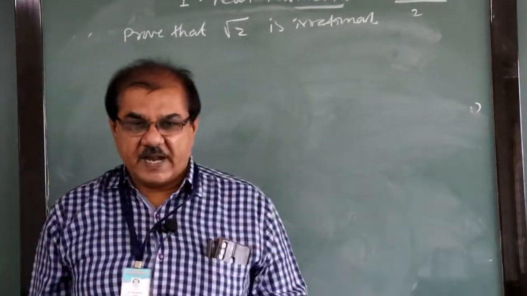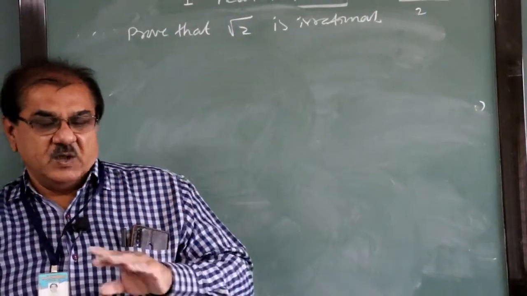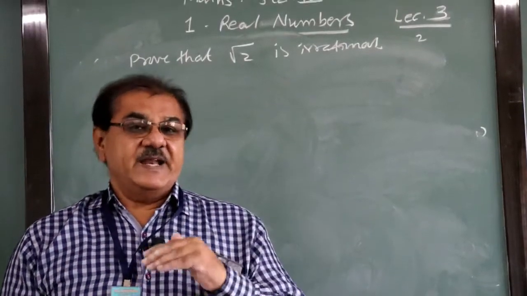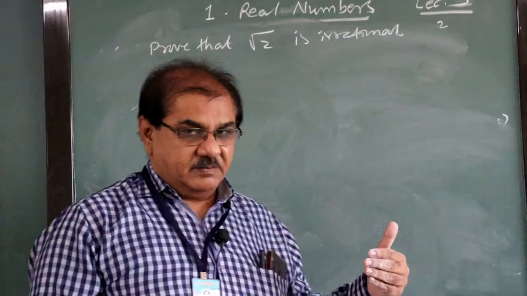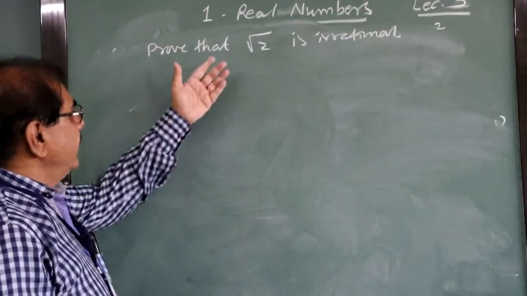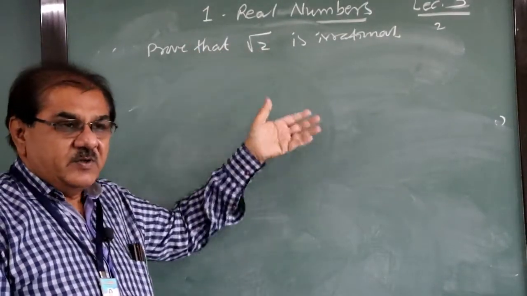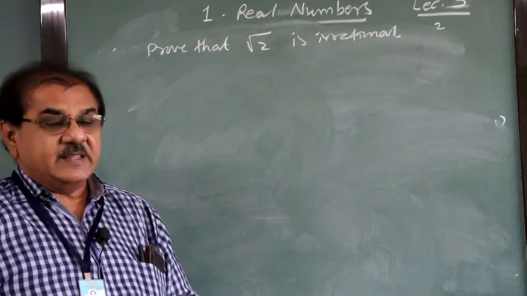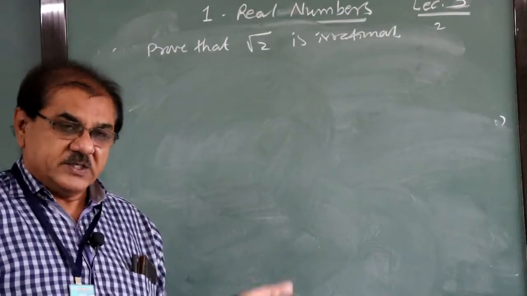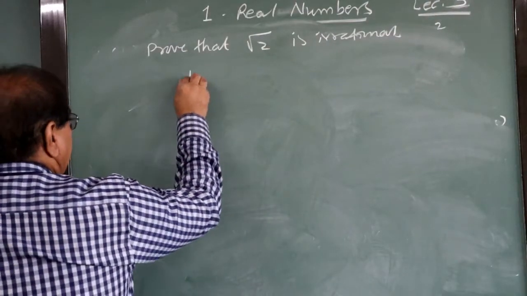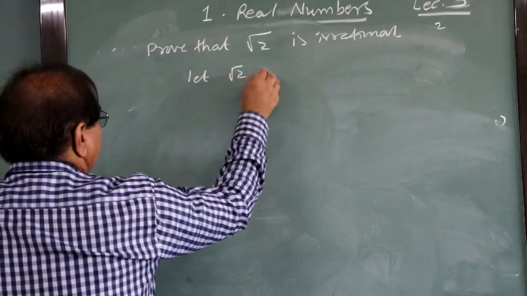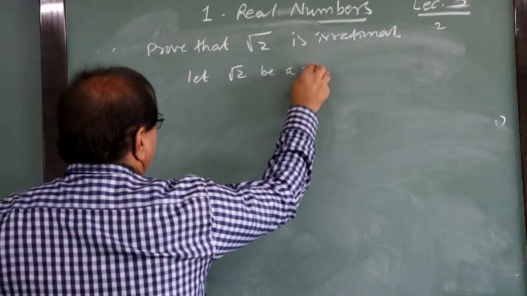We know that giving the proof are of two types. One is direct proof and second is indirect proof. That is, it is the contradiction method, we can say. So what is required to be proved, we assume opposite to it and then we prove ourselves wrong so that the given statement is true. So how we start? Let root 2 be rational.